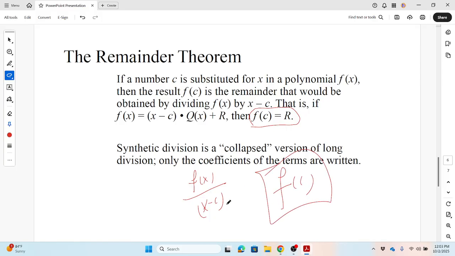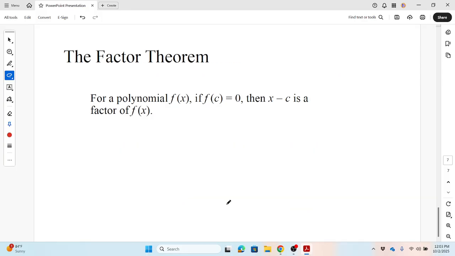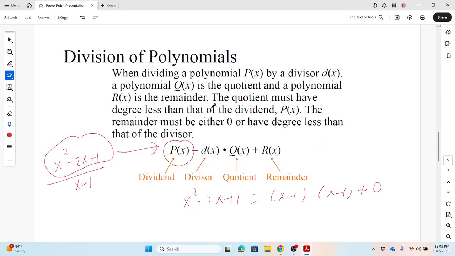That's the remainder theorem. And the factor theorem says if the remainder is 0, then x minus c is a factor of the function. So in our case, the example I was giving you here, the remainder is 0. That's the reason x minus 1 is a factor of this dividend.